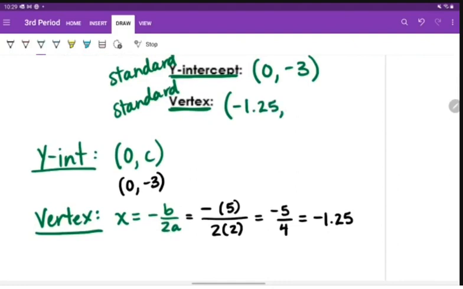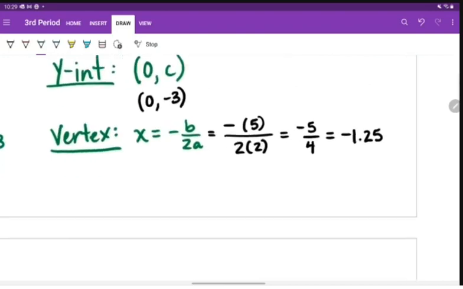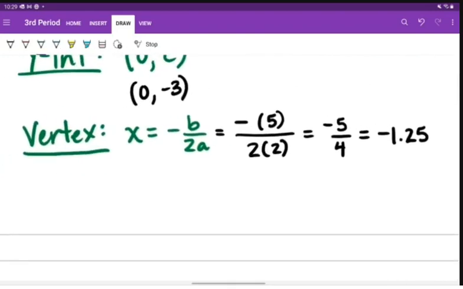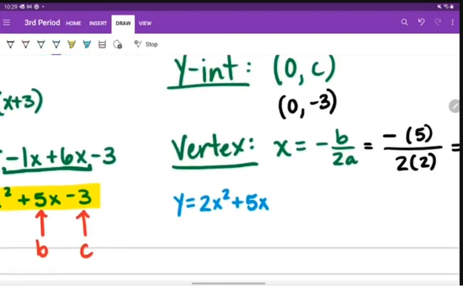But now we need to find the y value. And hopefully you made a little note at the top of your page today that helps you remember how to find the y value of your vertex. The x value is negative b over 2a, but the y value, we have to find that by plugging our x value back into the equation. So we take our equation, y equals 2x squared plus 5x, what was it?